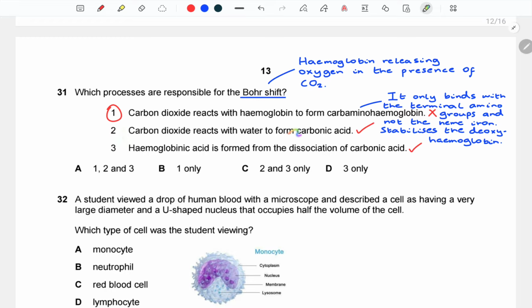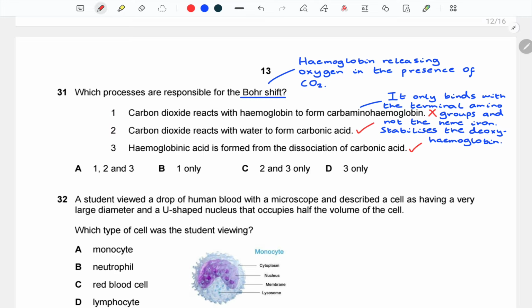When carbon dioxide reacts with water to form carbonic acid, via the enzyme carbonic anhydrase, this causes it to be dissociated into H plus ions and bicarbonate ions. H plus ions then bind to the hemoglobin to form hemoglobinic acid, which then causes the oxygen to be dissociated. So 2 and 3 are required, but if you look at 1, the carbon dioxide reacts with hemoglobin to form carbaminohemoglobin.